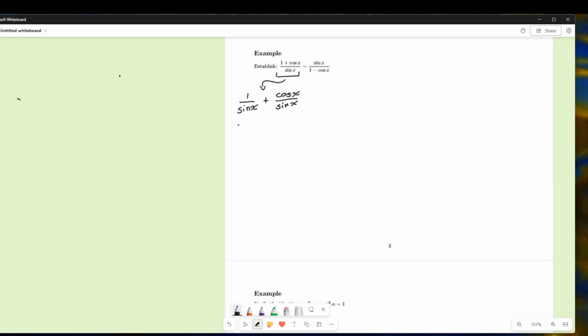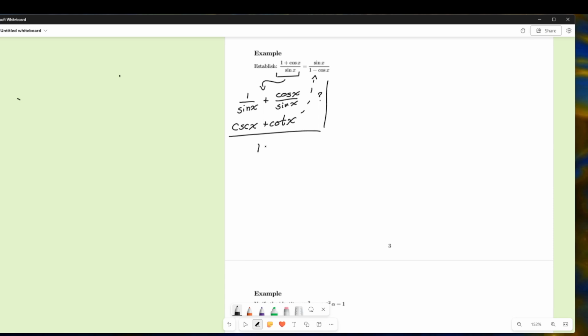Well, that does turn this into a cosecant x plus a cotangent x, which, again, while true, is not really getting us any closer to what we want. So maybe that's helpful and maybe it's not. It certainly doesn't look like it's going anywhere helpful. But that's okay. We tried something that didn't seem to go anywhere. Okay, let's try something else.